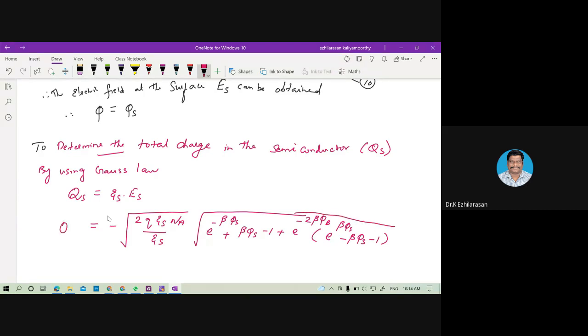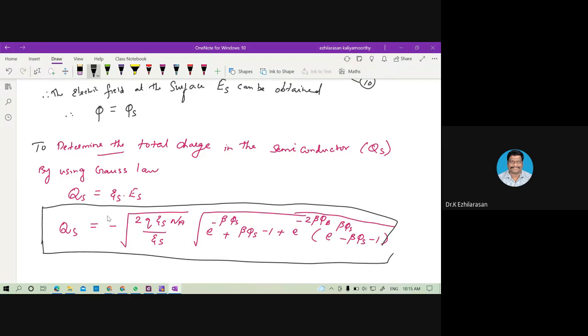This is nothing but your Qs. So I can say this will be the final equation number 11.